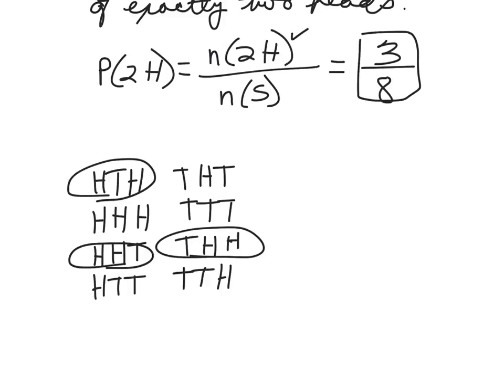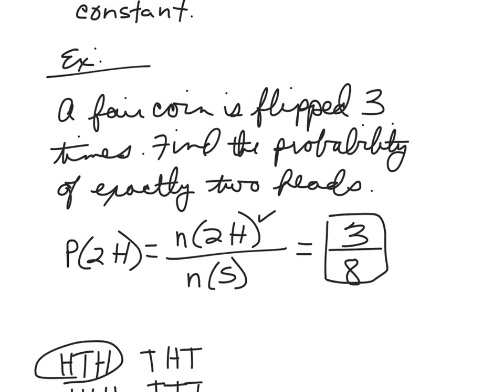But if I changed that problem to say a fair coin is flipped, say, 10 times, then do you see that to list out the sample space would be ridiculous and darn near impossible? Okay, so that method worked well because we had a small number of trials.